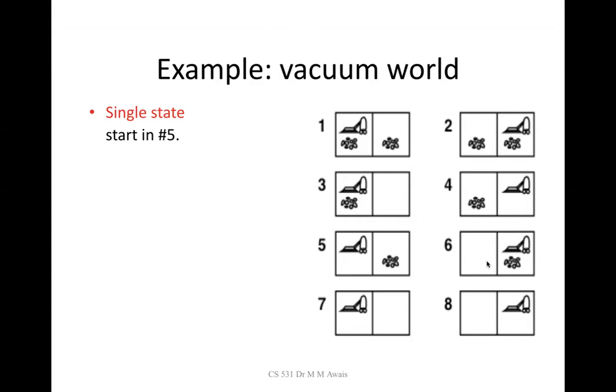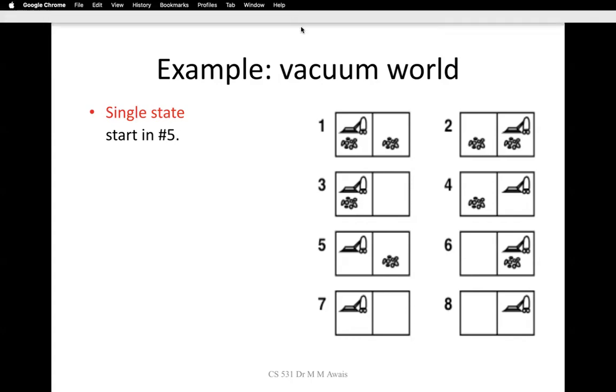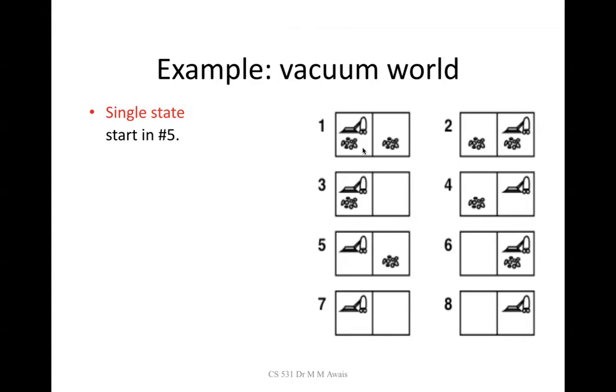That is what we call a single state problem. A single state problem means the robot is perfectly able to identify that it's present in state 1, 2, 3, 4, 5, 6, 7, or 8, any one of these states.